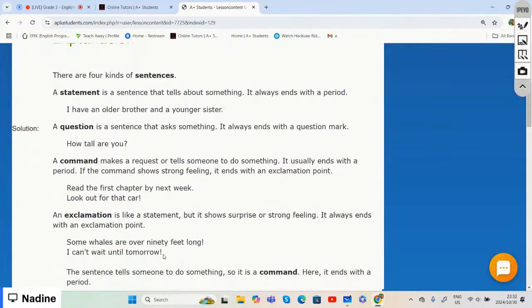All right. So we're not going to go over what a statement is, what a question is, what a command and what an exclamation is because we literally went over that. But if you need me to go over it, I would again. But at the moment, we went over it already.